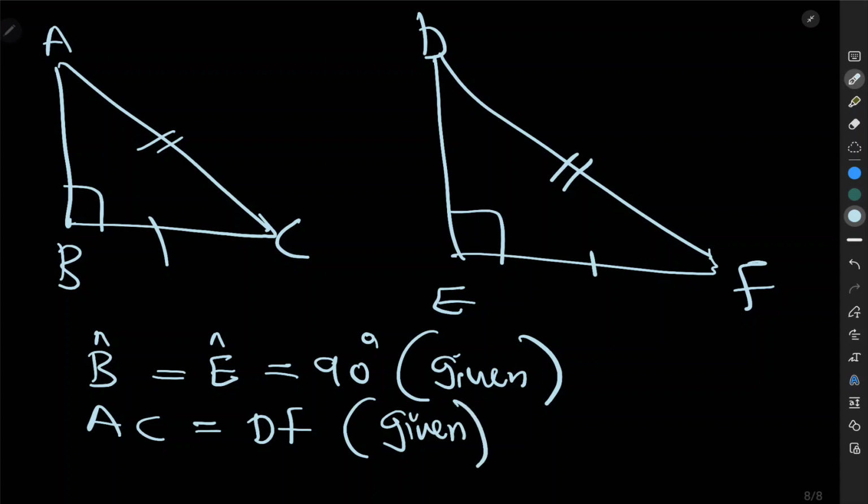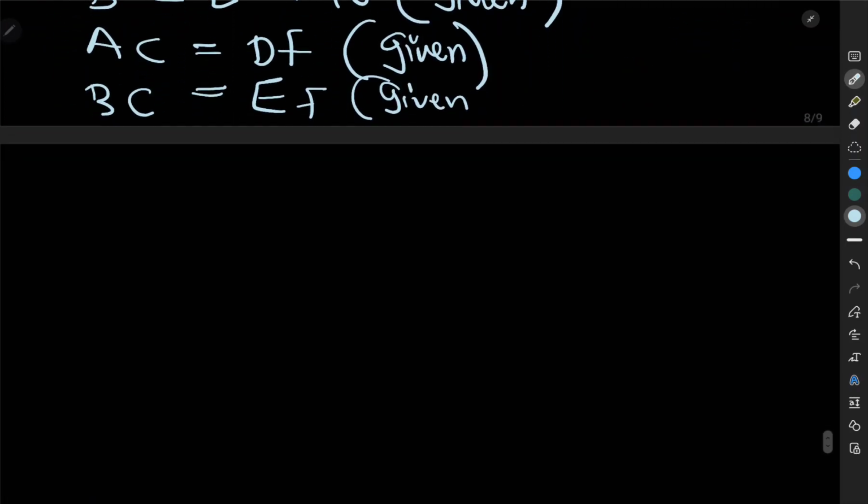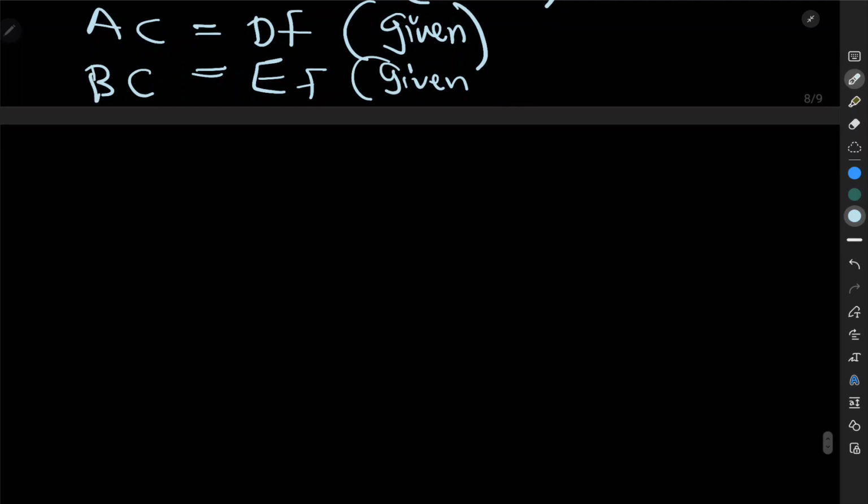Remember, these are the hypotenuse. And we have BC, which is equal to, in this case, EF, and that's given. Then we can assume that the two triangles are congruent.